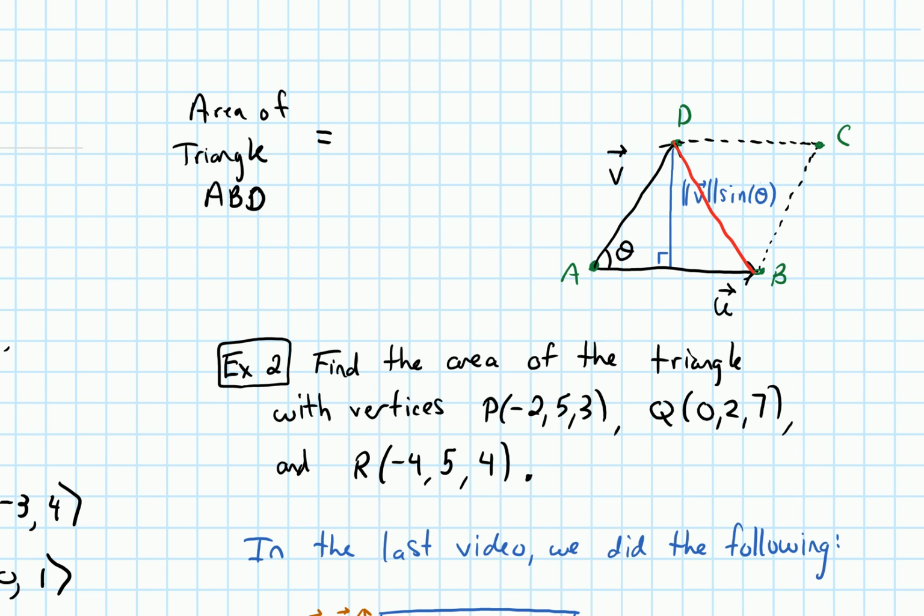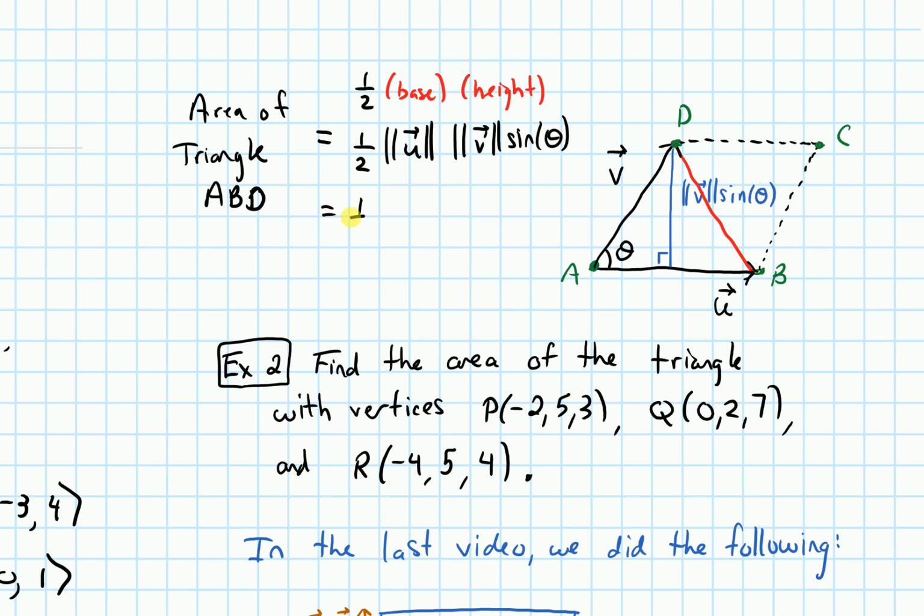All right, so we know that the area of a triangle is 1/2 times the base times the height. And the base and the height, well, we've already seen what those are. So the base is the length of u, the height is the length of v times sine theta.